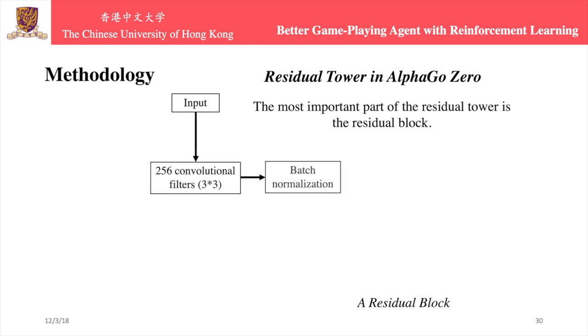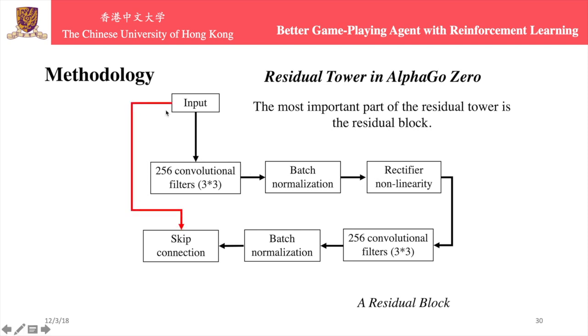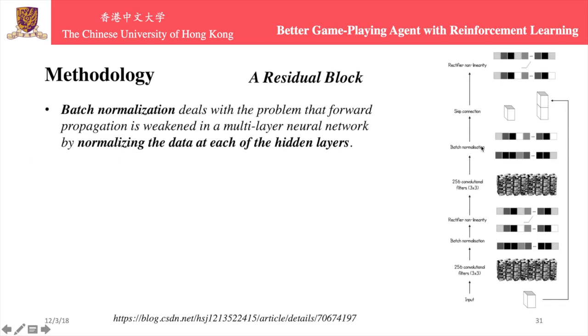It will go through this way, and I will explain later. Note that we also have a shortcut connection from the input directly to the output. Here is a more illustrative image of the residual block.